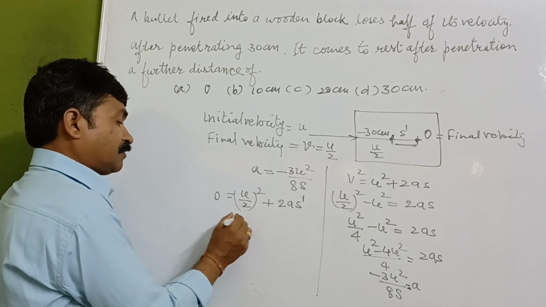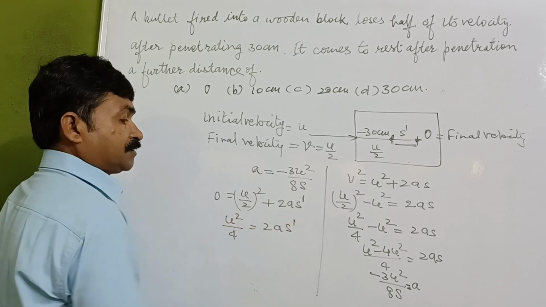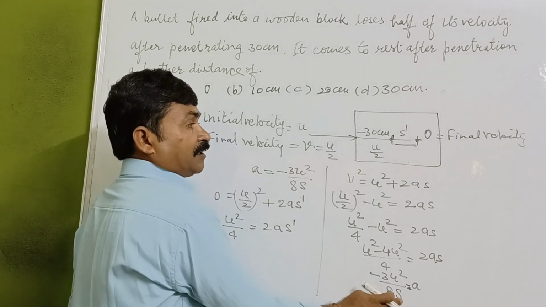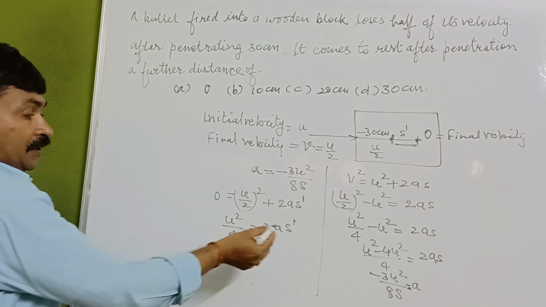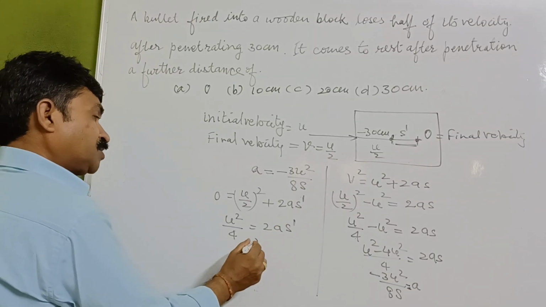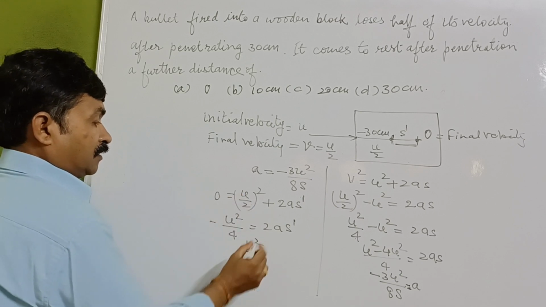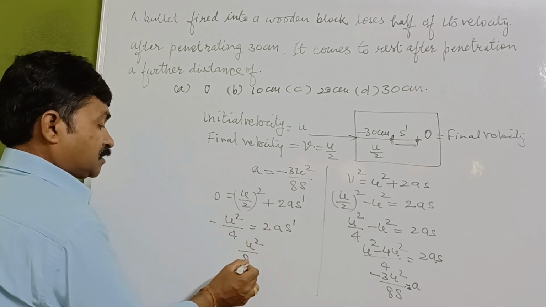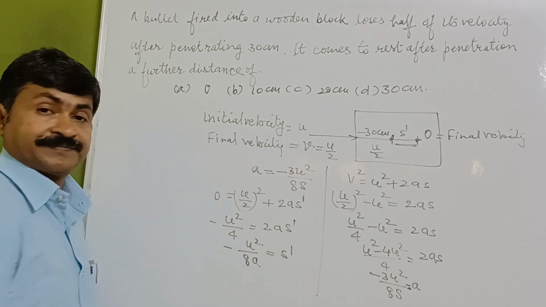So it is u square upon 4 plus 2a s dash. Here we have not substituted the value of s, that is 30 centimeter, which is given to us. Finally we will substitute it. So it is minus u square upon 4, this is 8 into a, which is equal to s dash.